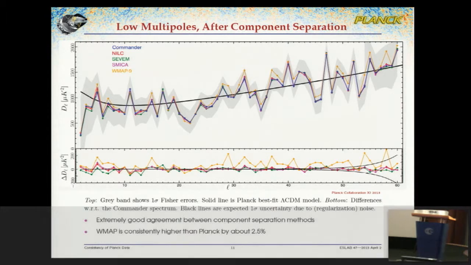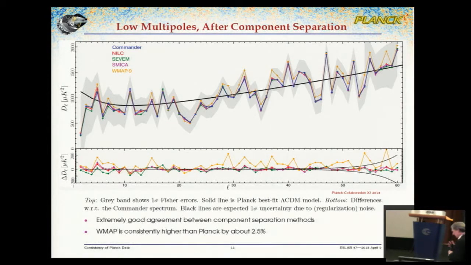Now another way to look at consistency, this is multipoles from 2 to 60 after component separation. And it shows Commander, NILC, SEVEM, SMICA that Mark talked about, and the CMB map resulting from that.